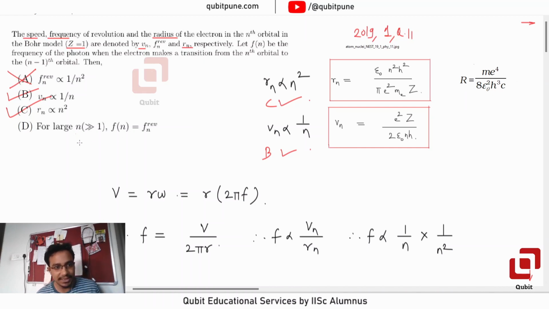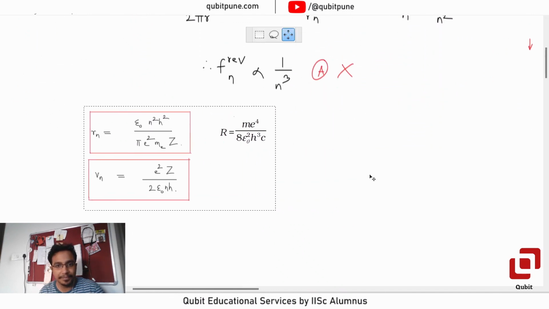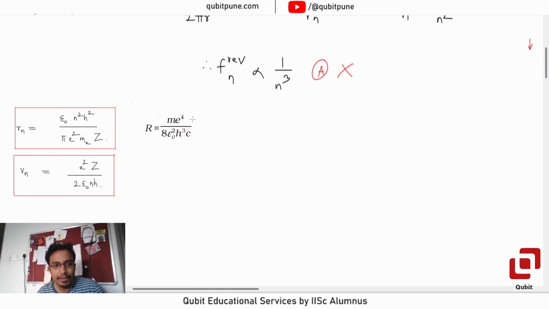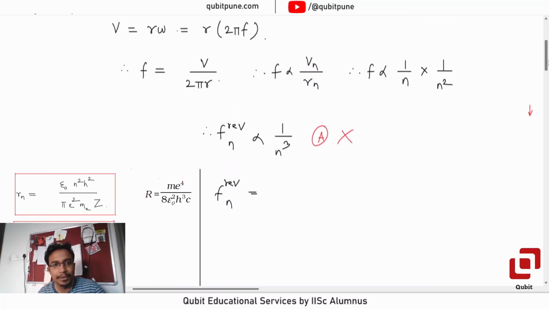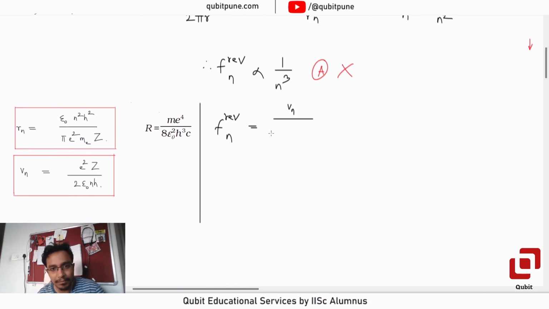For large n, Fn is equal to f rev n. To get it right, we need to first find out what is f rev n. Let's find it out. F rev n, which is V upon 2 pi r, so Vn upon 2 pi Rn. That is 1 upon 2 pi into Vn, e squared upon 2 epsilon naught nh.